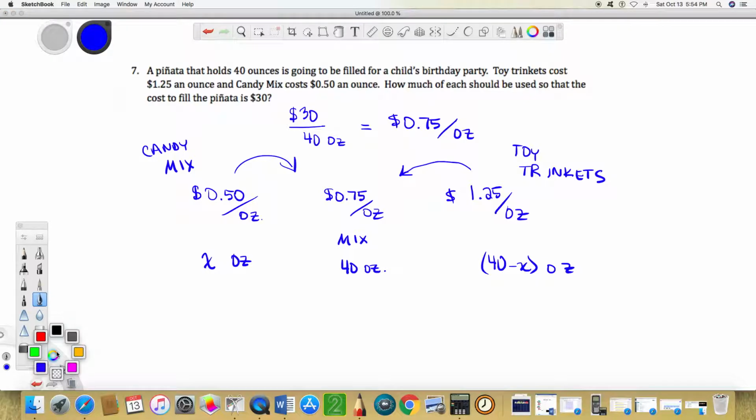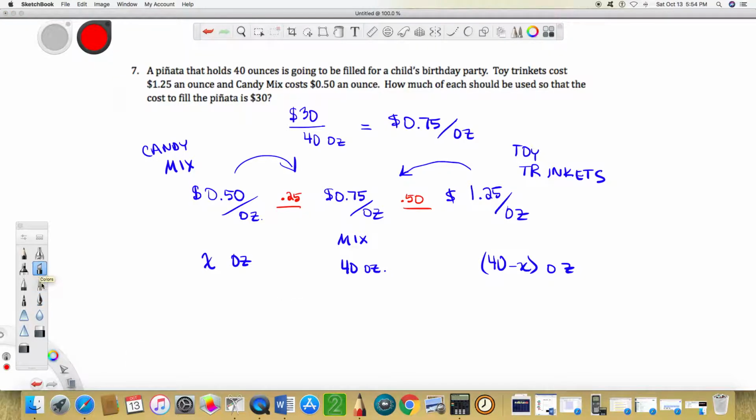All right, so now I want the difference here. 75 cents minus 50 cents, I've got my 0.25, and 1.25 minus 0.75, 0.50, right? Yeah.